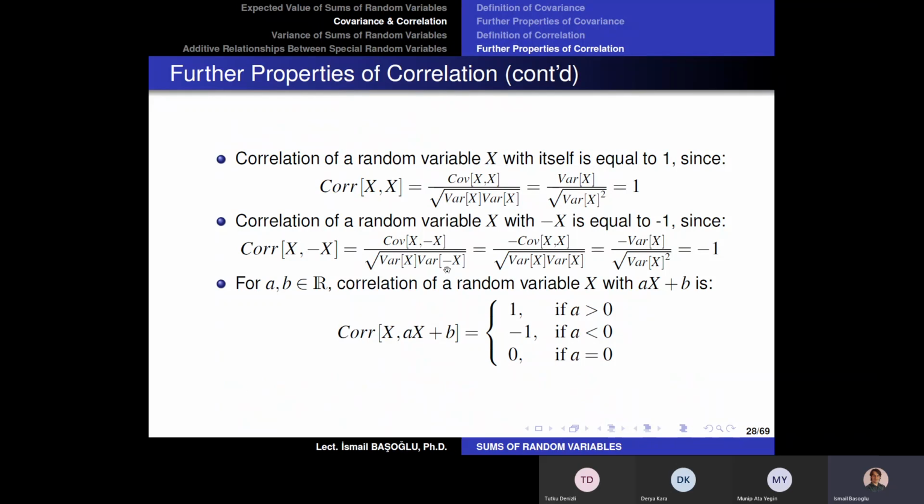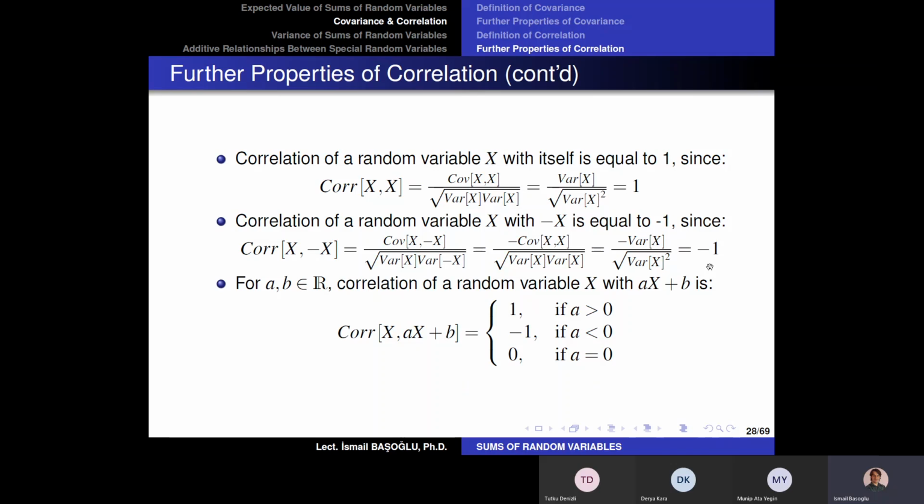However, that -1 inside the variance gets out of the variance by squaring it, if you remember. Any coefficient in front of the random variable inside the variance gets out of the variance as being squared. And that square will make it equal to 1. And that covariance is equal to minus variance of x, and minus variance of x divided by variance of x will be -1. So the correlation of a random variable with its negative is going to be -1.